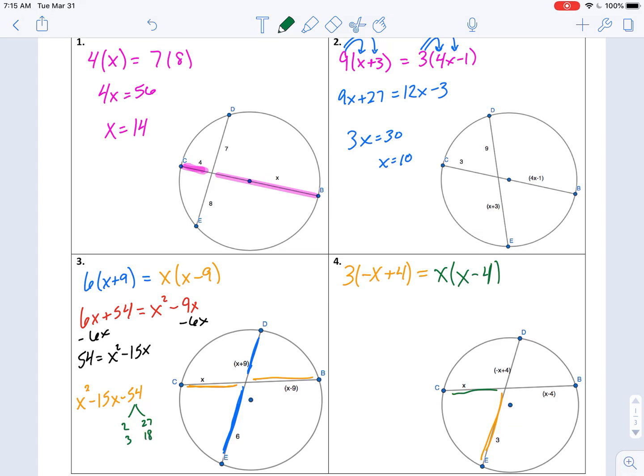So I've got 2 and 27, 3 and 18, so it looks like 3 and 18 is going to work, right? Let me just make sure.